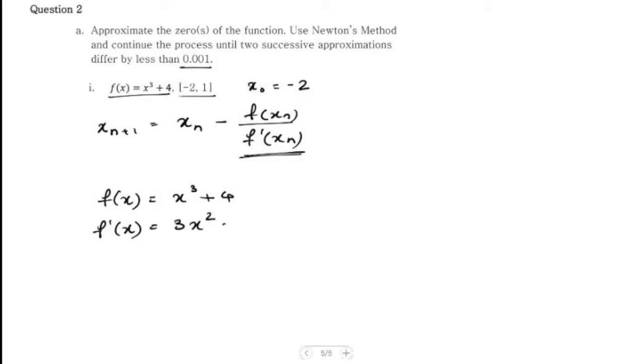And the plus 4 we don't need to write, because that would mean x to the power 0, and 0 times 4 will make it 0, and 0 times anything will be 0. So we have got our function, our first derivative, and we have chosen our initial value x0, so we can go ahead and start our approximations now.